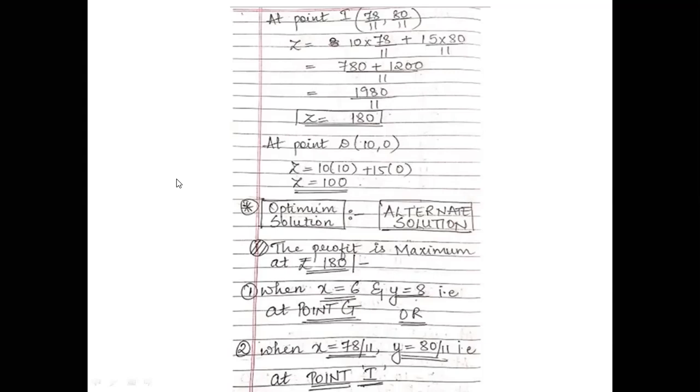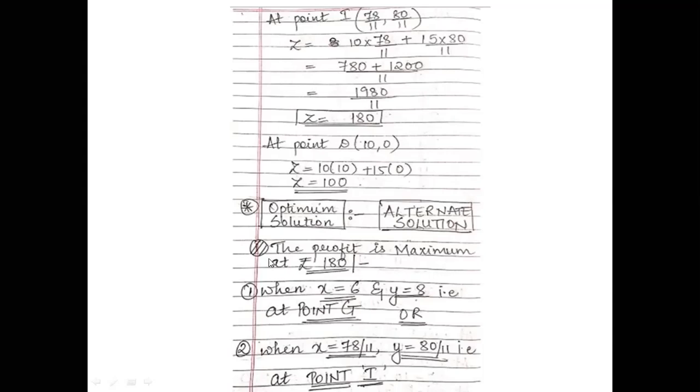So class, whenever you have more than one common answer, that particular solution is also called an alternate solution. The sum has an alternate solution other than the optimum solution as well. In this case, we have two different points which give us the same value. So I can write the final answer like this.